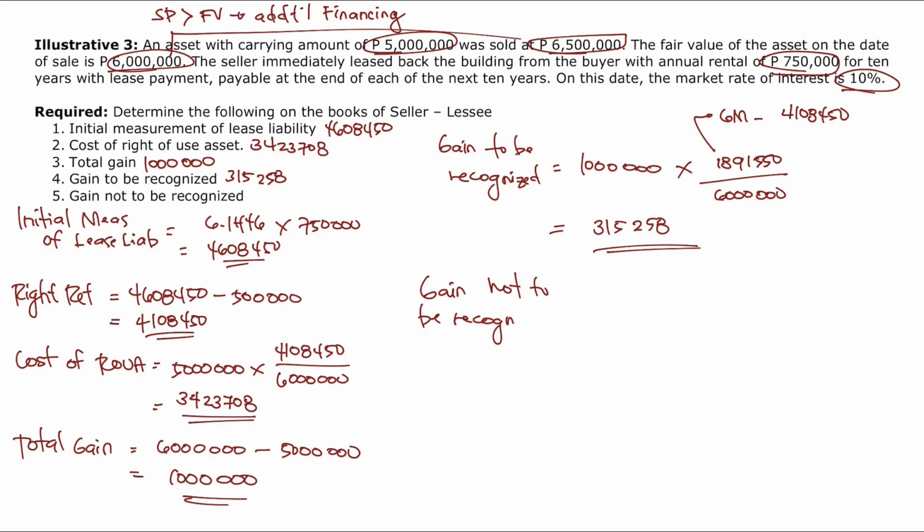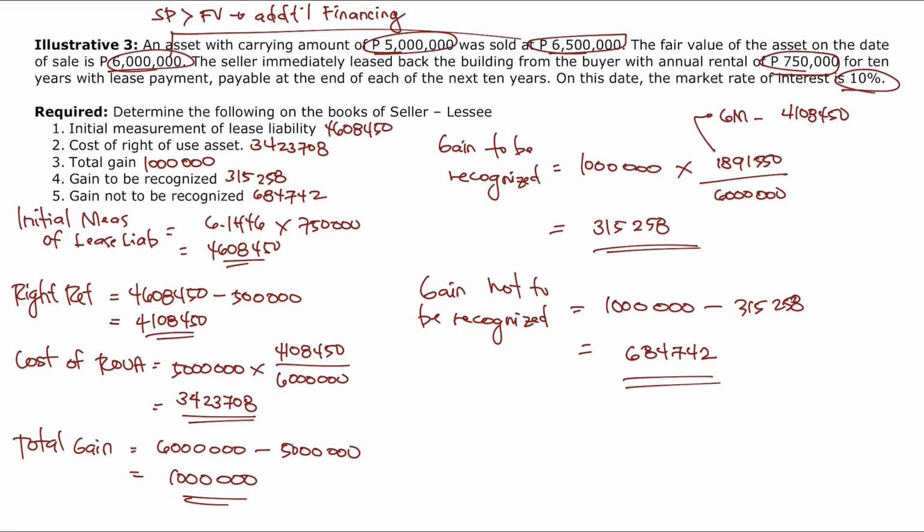Magkano daw po ba yung gain not to be recognized natin? Well, if total gain is 1 million and we will only recognize a total of 315,258, see to it that gain not to be recognized will be equal to 684,742. So, requirement number 5, 684,742 will be our final answer.